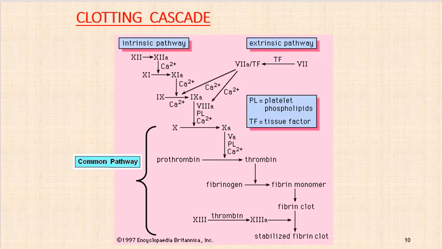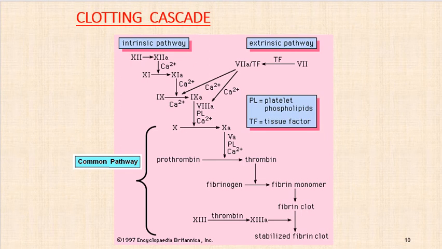So in the intrinsic pathway, first of all, factor 12 is activated, while on the right side is the extrinsic pathway, in which factor 7 is activated, and which, with the help of calcium ions, activates factor 8.